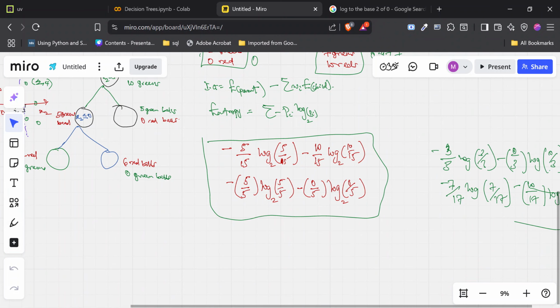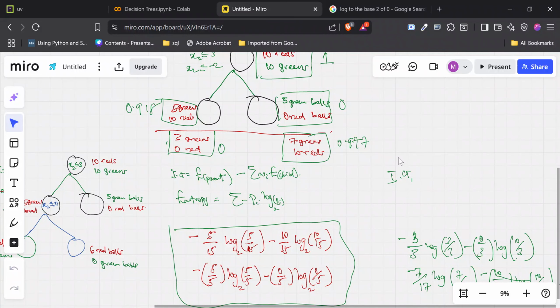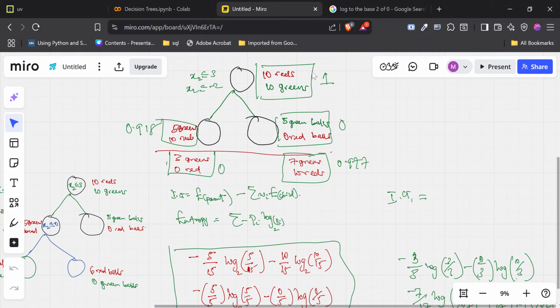So we are going to say IG, that is information gain, of the first one. Don't forget the formula for information gain: entropy of the parent, which is 1, minus weight. What is our weight? Our weight is the size of the child relative to the parent.